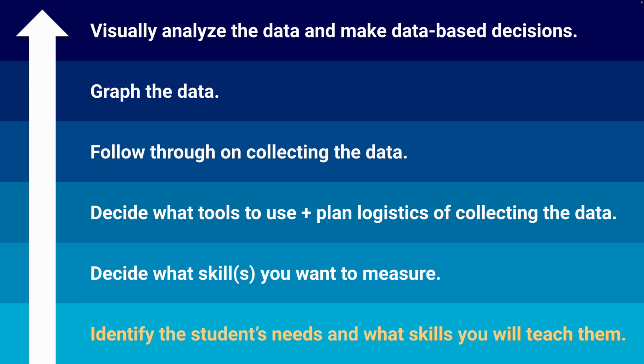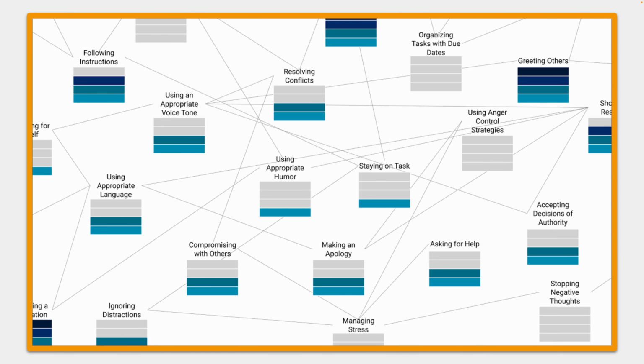So the first layer here is to identify the student's needs and what skills we're going to teach them. So in our intervention with this student, what are we going to teach them? And in this case, I am an SEL-focused interventionist, so that's what I picked here. But this is just a map that's not tied to any specific curriculum.